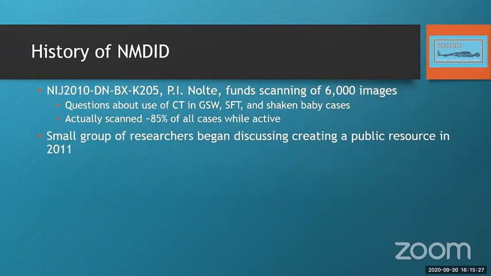So in about 2011, just shortly after scanning was starting to be done, a small group of researchers, including myself, began discussing creating a public resource from the data that was going to be developed.